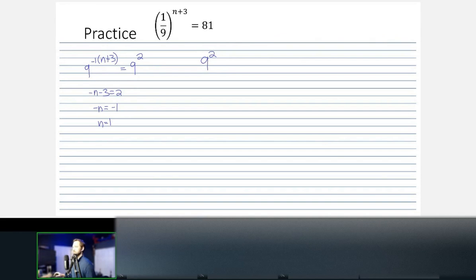I messed up somewhere. Hold on. Yeah, I can't do math, apparently. Hold on, let me back up. There we go. Apparently 2 plus 3 is not 1 or negative 1. I knew I messed up somewhere. Okay, there we go. n equals negative 5.